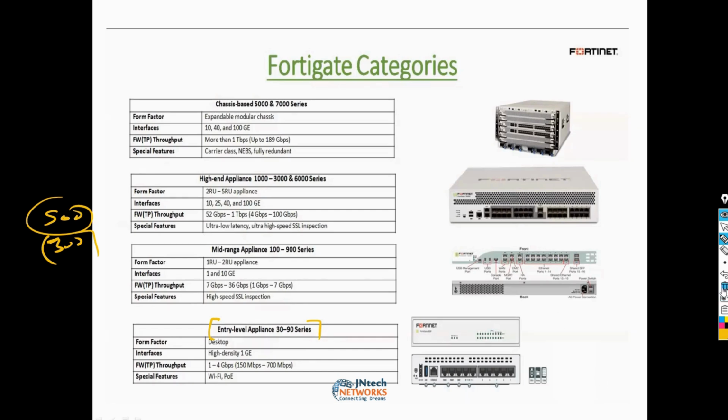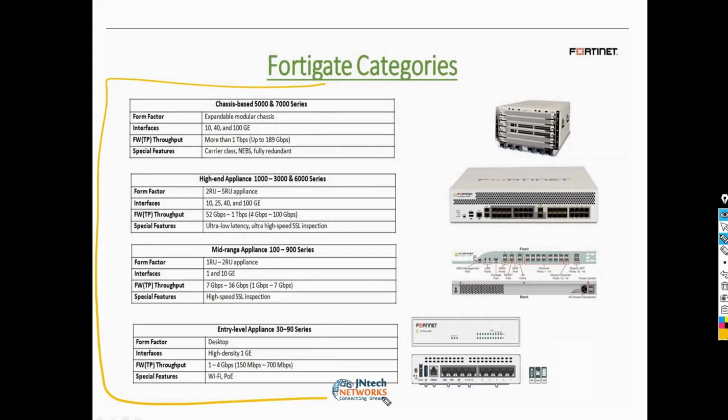This is a small piece of information, everyone. What you can do is visit the Fortinet website and download the latest firewall data sheet. In the data sheet, you can get complete firewall information like firewall throughput, the number of sessions it will support, and port information.